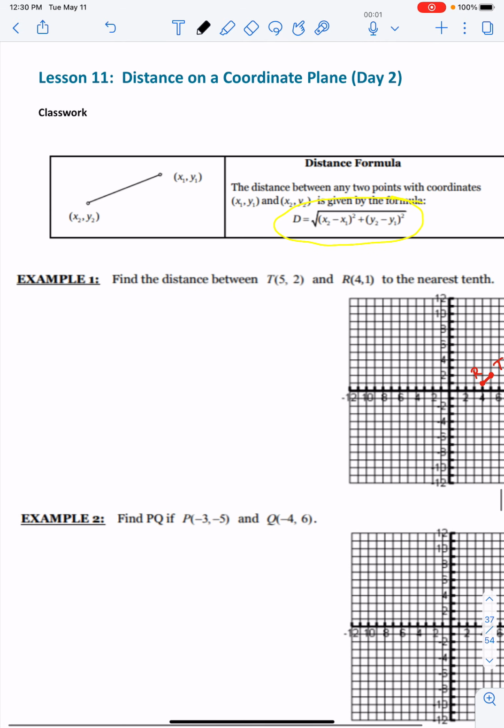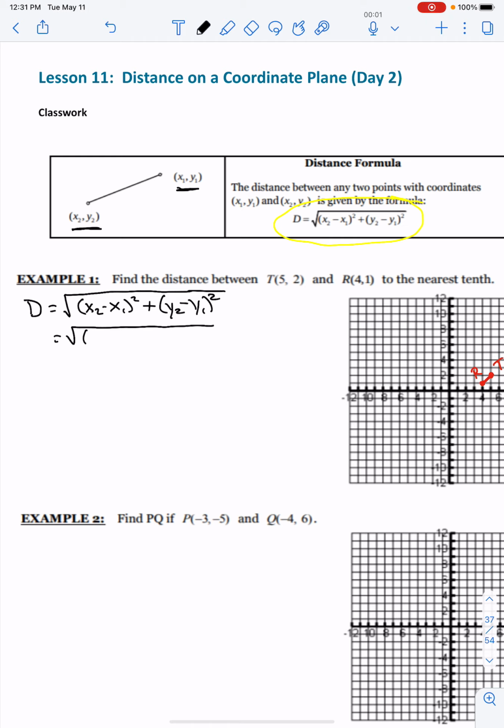So we are going to use our distance formula, so d equals the square root of, and we're going to find it to the nearest tenth. So notice this says x2, y2, and x1, y1. So we are going to go from R to T. So we are going to say x2 minus x1 squared plus y2 minus y1 squared.